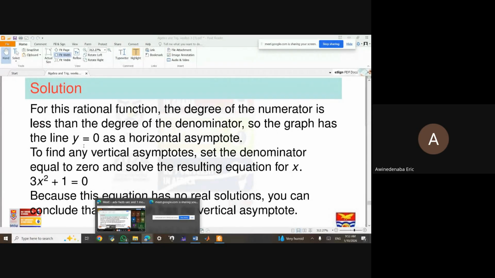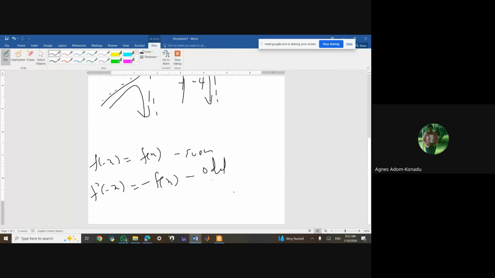Okay. So y equal to 0 is the horizontal asymptote. Then for the vertical asymptote, you have to solve 3x squared plus 1 equal to 0. And I'm going to get x squared is equal to -1/3, and x is equal to the square root of minus 1 over 3.